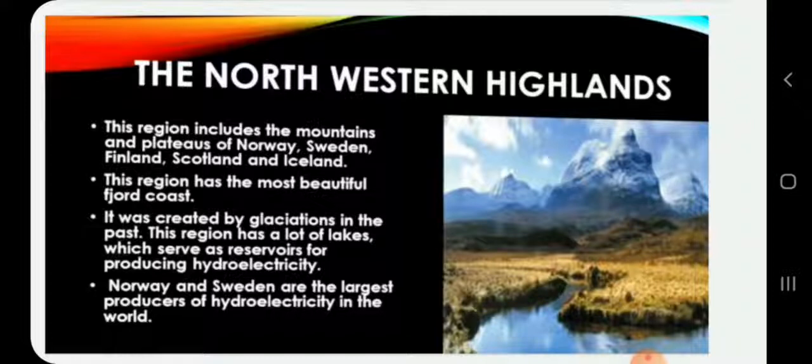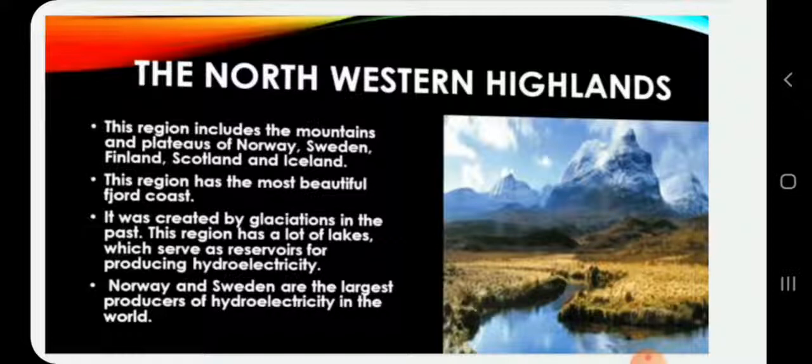It was created by glaciers in the past. This region has a lot of lakes which serve as reserve areas for producing hydroelectricity.